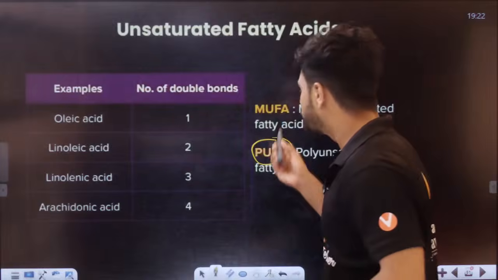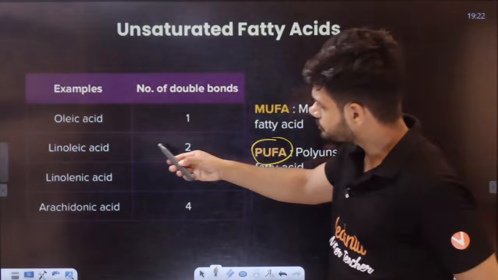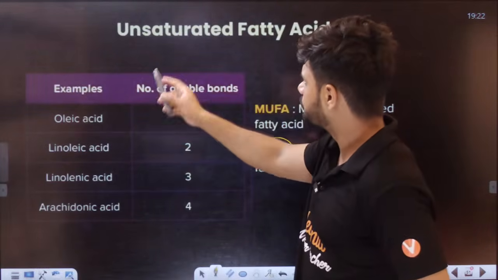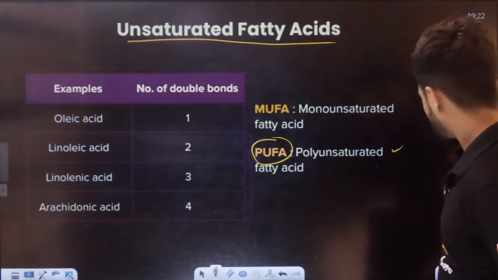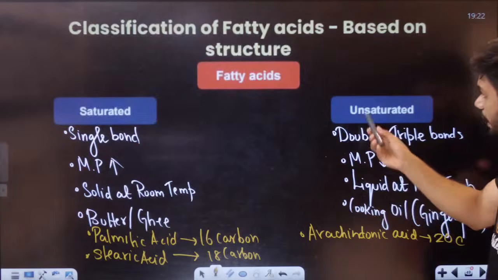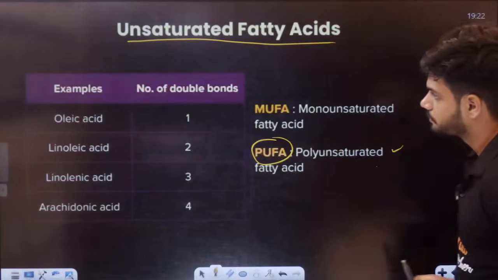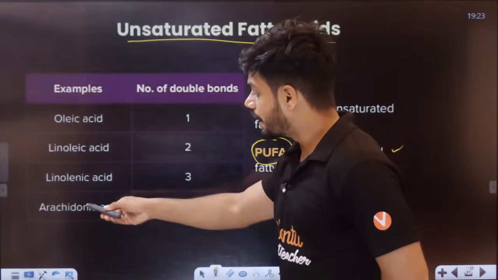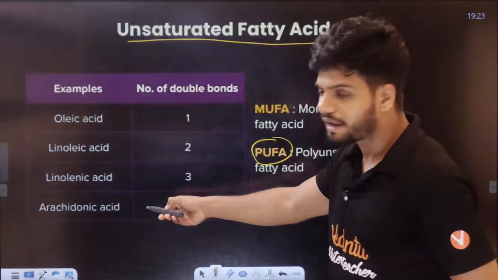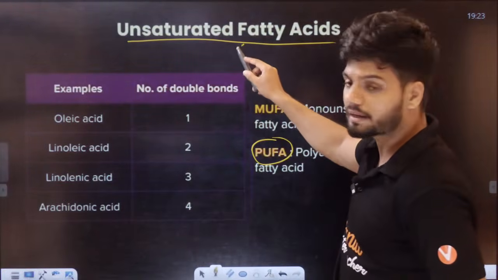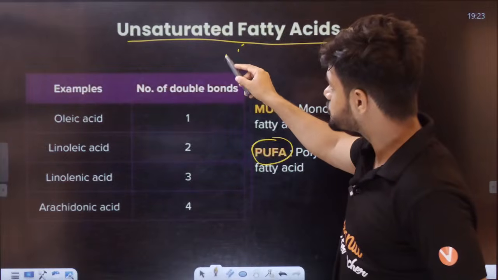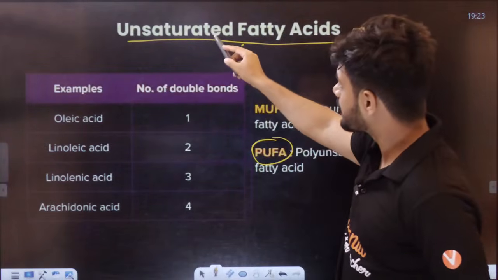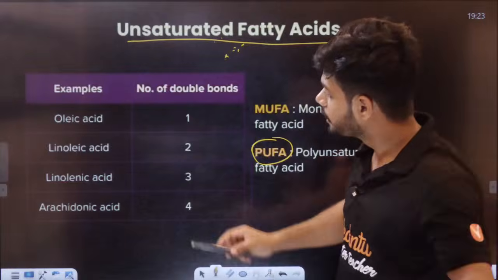So what is MUFA and PUFA? Understand. Here, I give you different unsaturated fatty acids. Under unsaturated, other examples are there: oleic acid, linoleic acid, linolenic acid, arachidonic acid. Now, if they are unsaturated fatty acids, they will have double bonds.